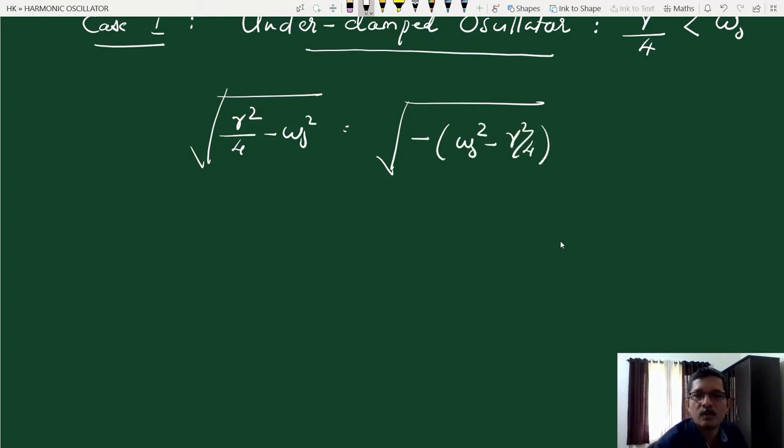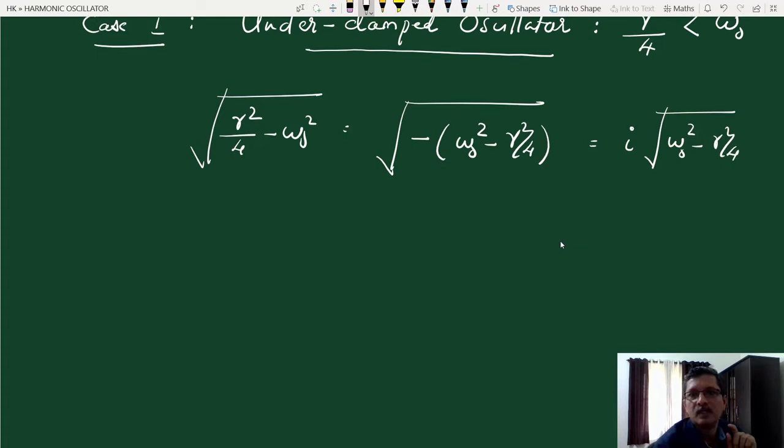Since gamma square by 4 is less than omega 0 square, this omega 0 square minus gamma square by 4 will be a positive quantity, and the square root of minus 1 I can write as i. So this is i times square root of omega 0 square minus gamma square by 4.